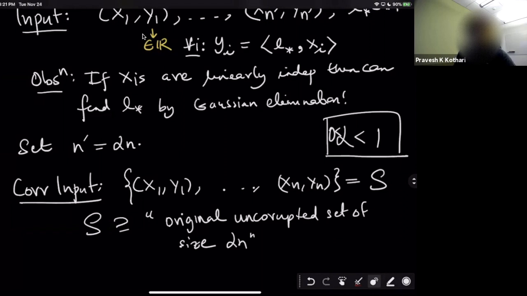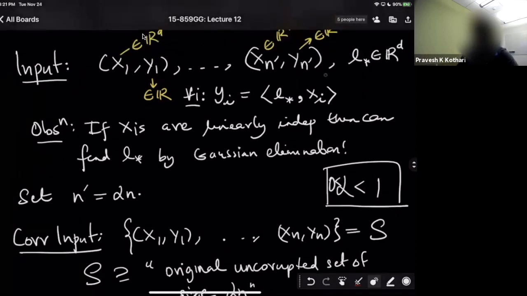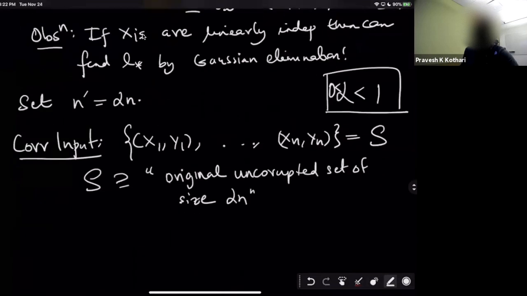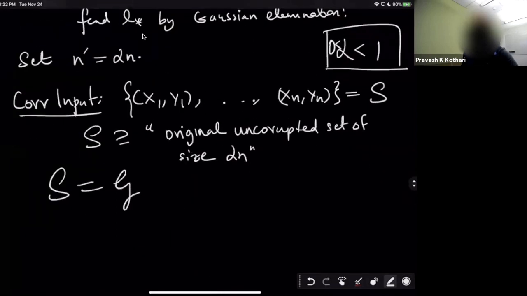I simply get to see a larger set, which you can imagine is obtained by taking this alpha fraction of good equations. I'll use that notation throughout. We're going to call this set the good set, G for good. And so S can be thought of as the good set plus the bad set, and the bad set is of size 1 minus alpha n.